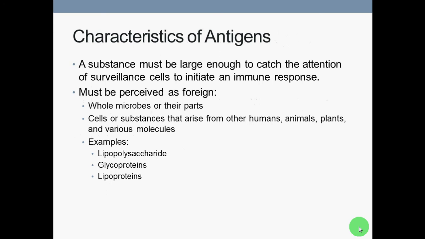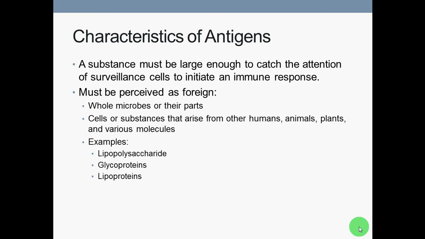As I mentioned, there are certain requirements for an antigen, like size. This substance must be large enough to catch the attention of the immune cells that are going around initiating the immune response. Also, it has to be perceived as foreign. An antigen could be an entire microbe or parts of that microbe, usually on the surface of that microbe.